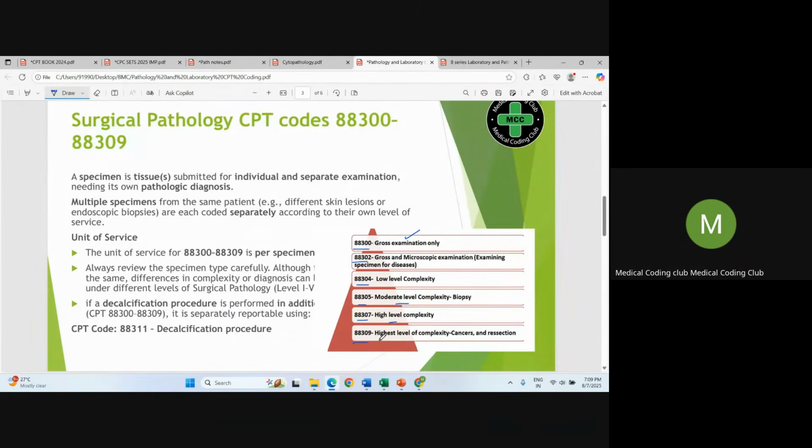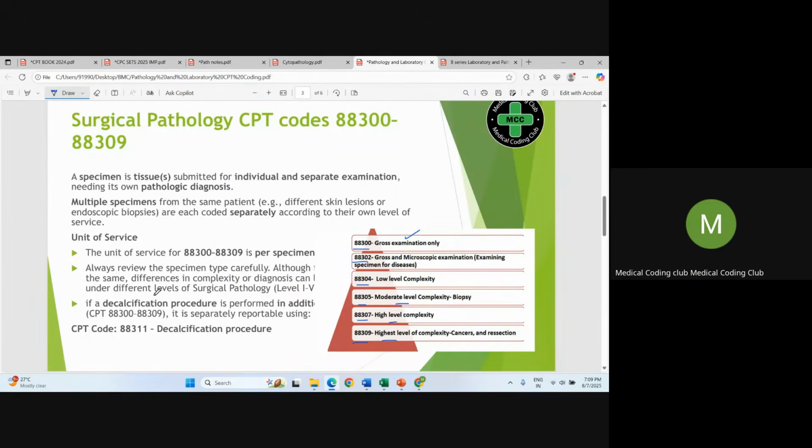And 88309, here it is the highest level of complexity. Okay, so it defines the physician work and the patient problem, like the severity of the patient's medical condition. With each specimen, procedure and procedure modality, you have to check which level the particular specimen belongs to. Then you may get the right level code.